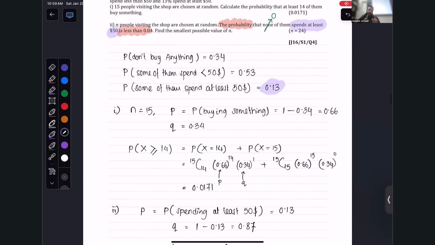Now, it says that none of them, it means 0 of them spend at least $50. So what is the probability of success here? 0.13. Right? So X is what here?